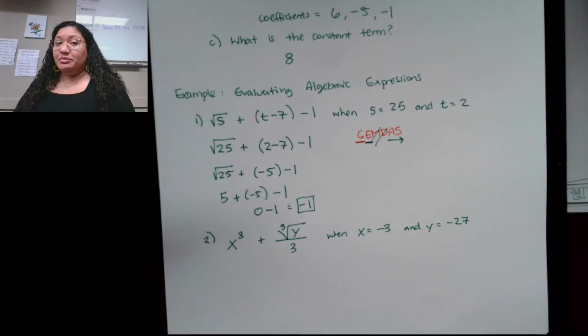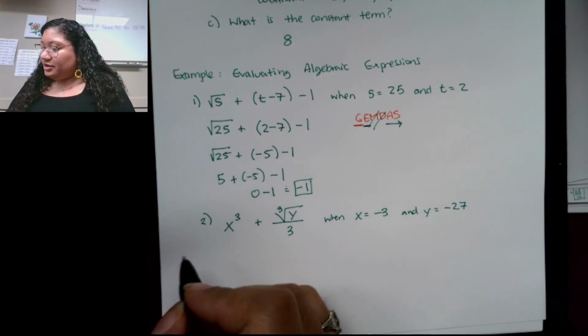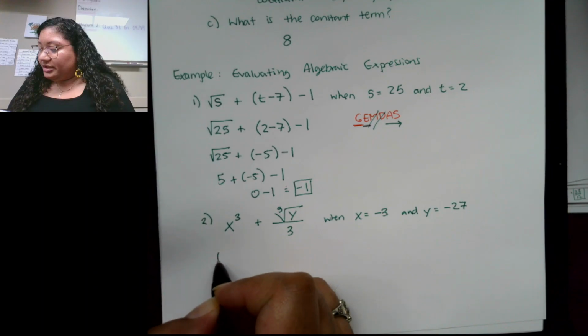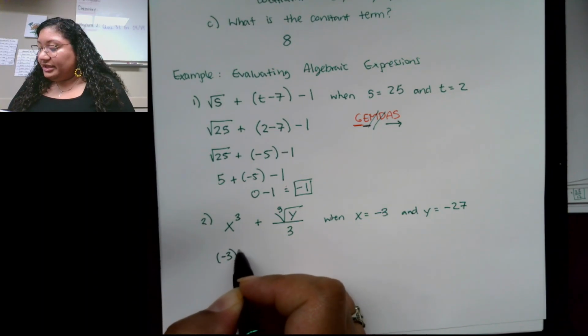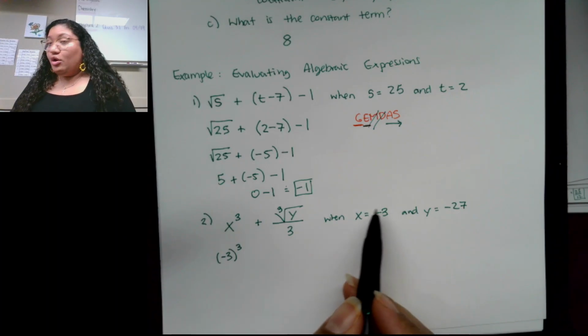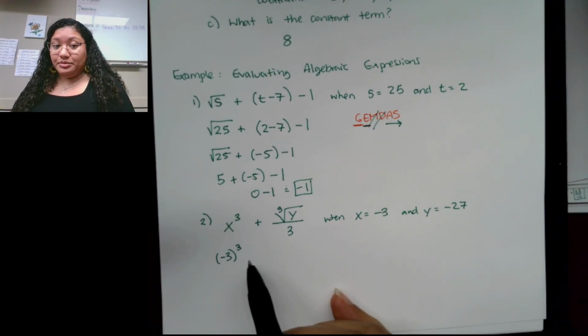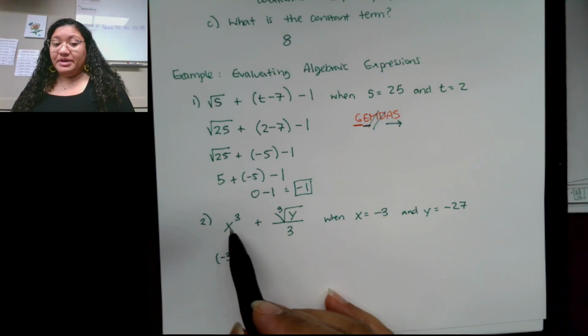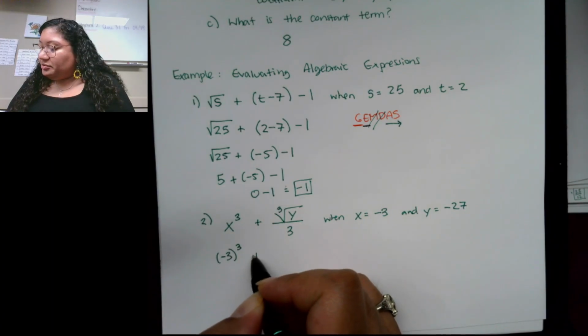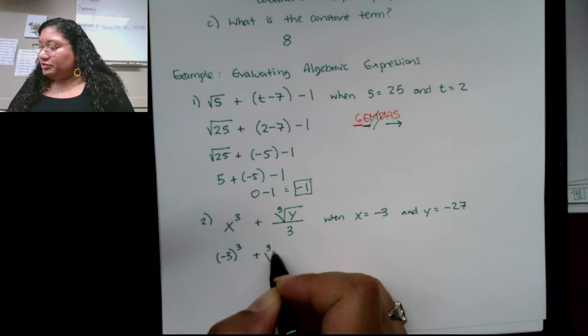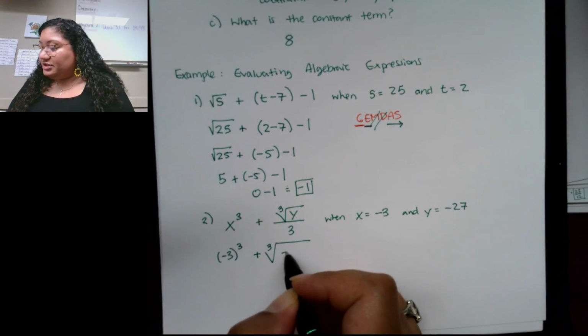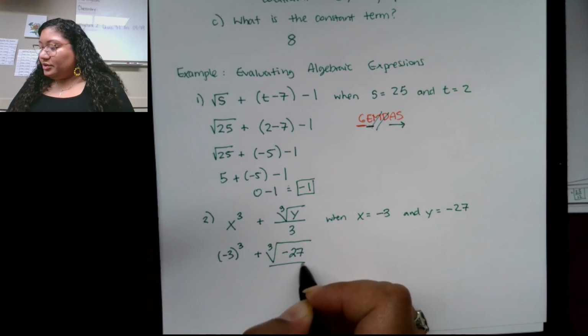As we've been doing, we plug it in. So that -3 is completely under the cube. All of it is under the cube because it's being replaced. It's replacing the x. Plus the cube root of -27 over 3.